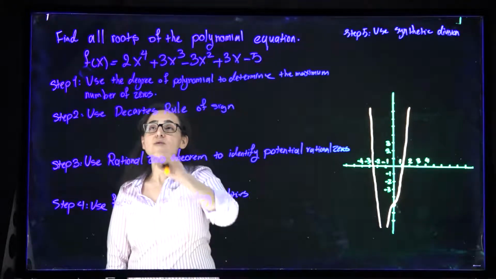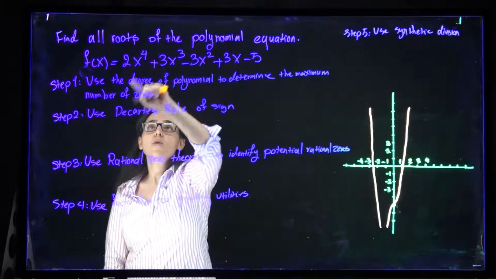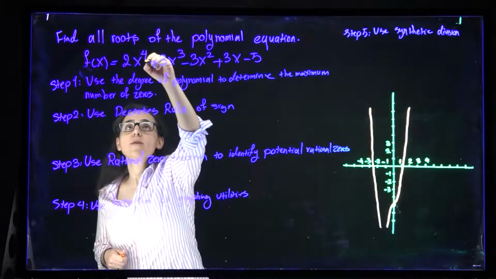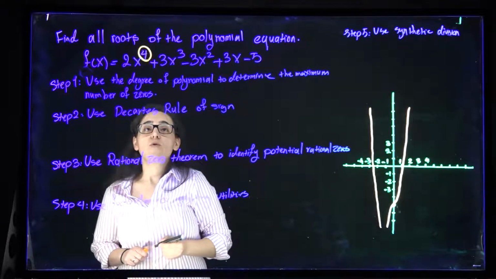First of all, we have to take a look at the degree of the polynomial. Remember, the degree of the polynomial is the highest exponent I can see. So the degree of this polynomial is 4.